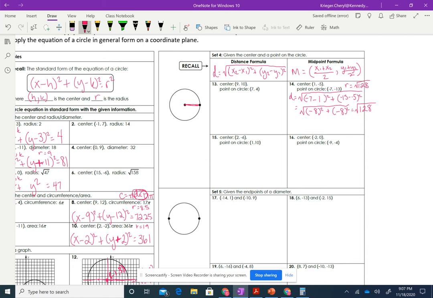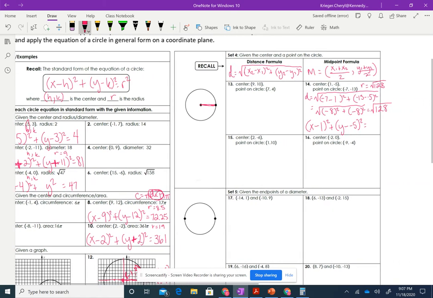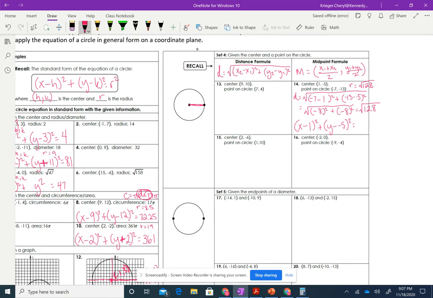Okay, so plugging in to the equation of a circle, x minus h is 1, squared plus y minus k, -5 squared equals. Okay, and this is another circumstance like number 5. We just did one of these. I have the square root of 128 squared.